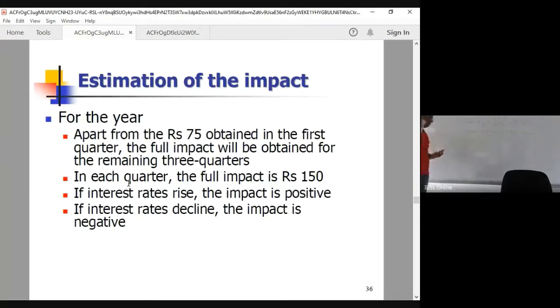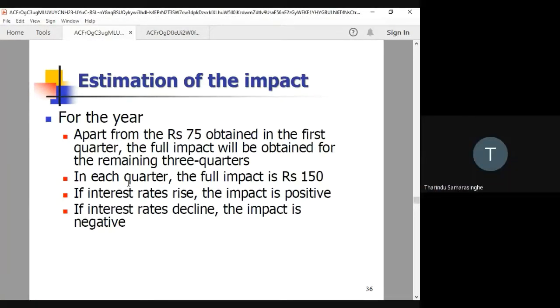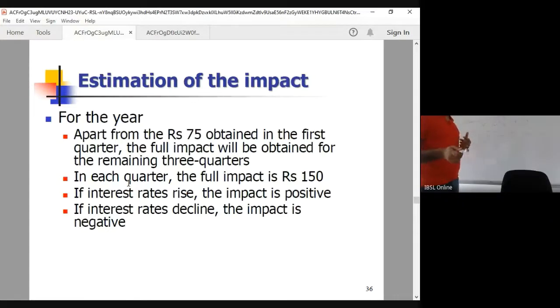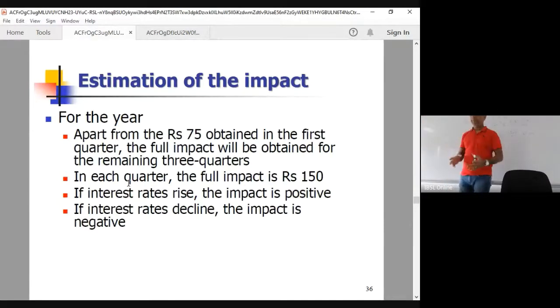Sorry? It's good. It is? You're saying it's bad? Think of it, right? You have given more loans than you have taken deposits. So therefore, you have a positive gap. Interest rates go up, right? But this is based on the fact that you have taken less loans, right?